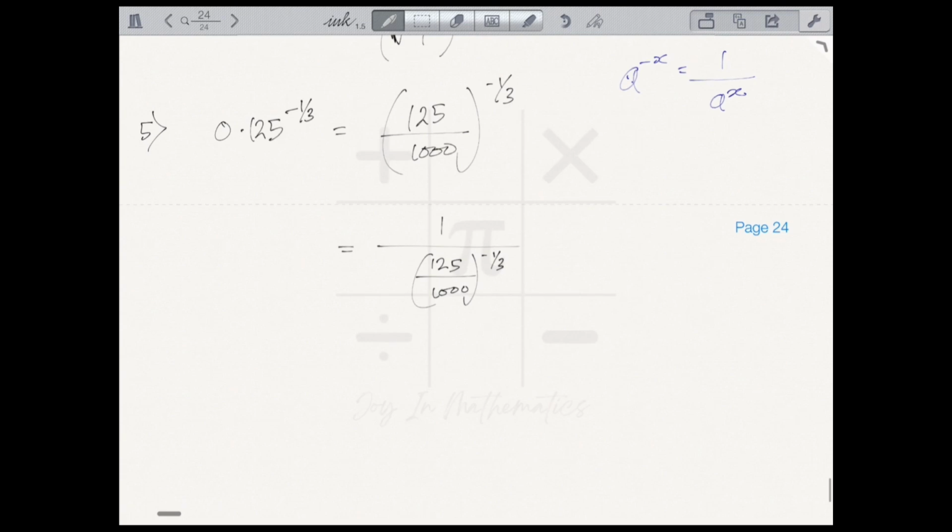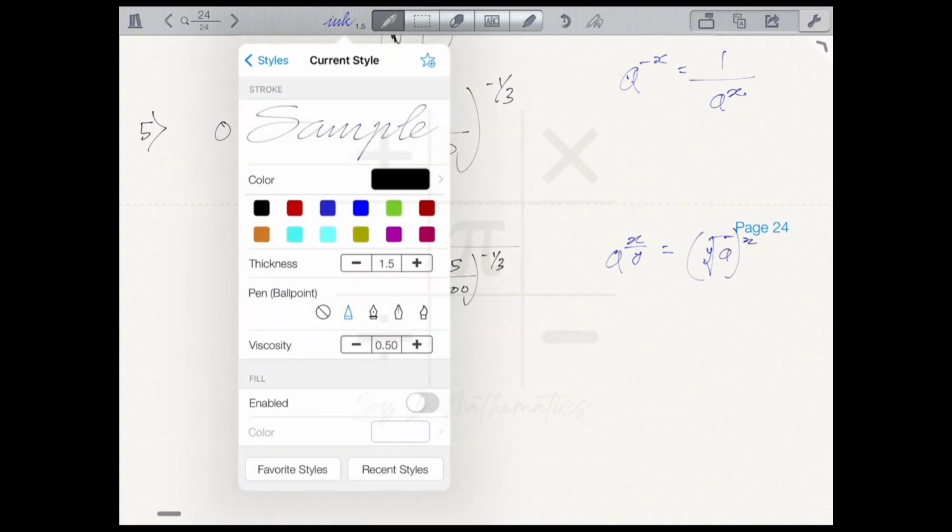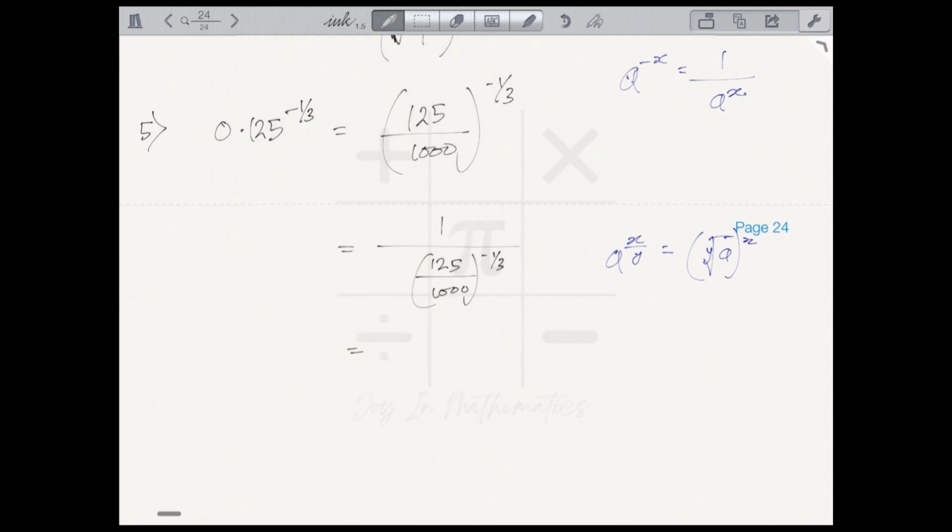Now, with this known, we can apply our fractional index that says a raised to the power x over y is equal to the y-th root of a all raised to the power of x. Therefore, we will have our answer, but notice in this case that it is just 1 over 3, and there shouldn't be minus here.